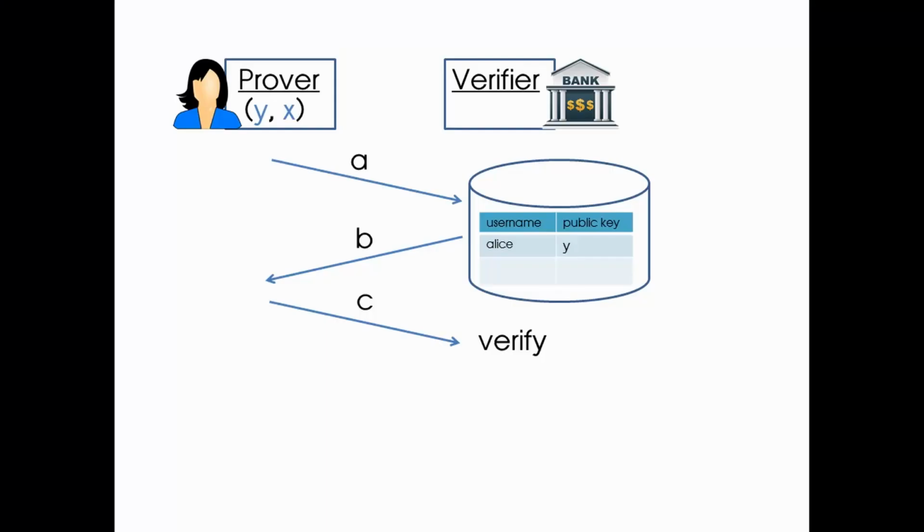So if that were to be used in the login example that we've seen before, the prover, which in our case is Alice, would be able to convince the bank that she knows the square root of y modulo n, but without revealing any information to the bank. And anybody seeing y would not be able, at least not easily, to find the square root of y modulo n. So that recaps zero knowledge for the login example.